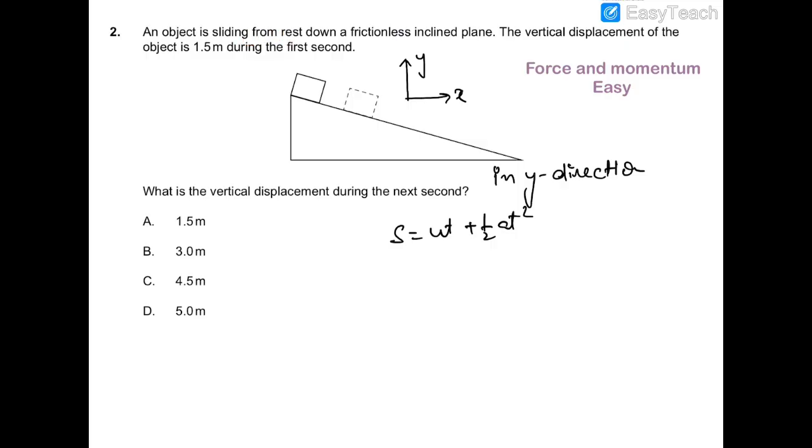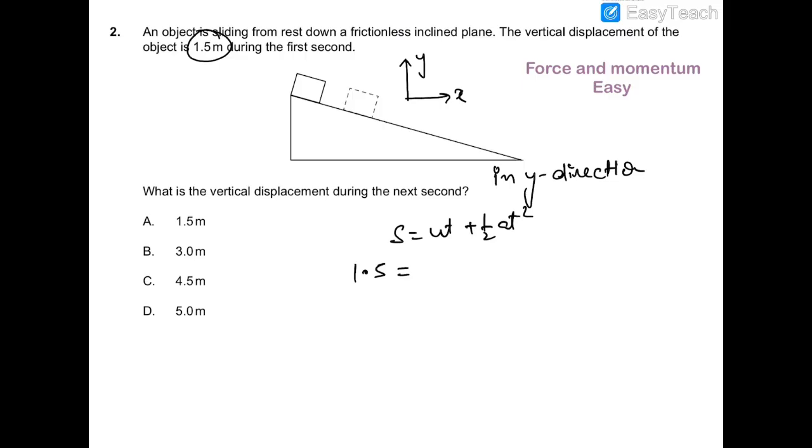During the first second, it moves a distance of 1.5. I am considering that the downward direction is positive because there is no vector which is initially in the upward direction. We can consider the downward direction as positive because all of the quantities like displacement and acceleration are pointing in the downward direction only.